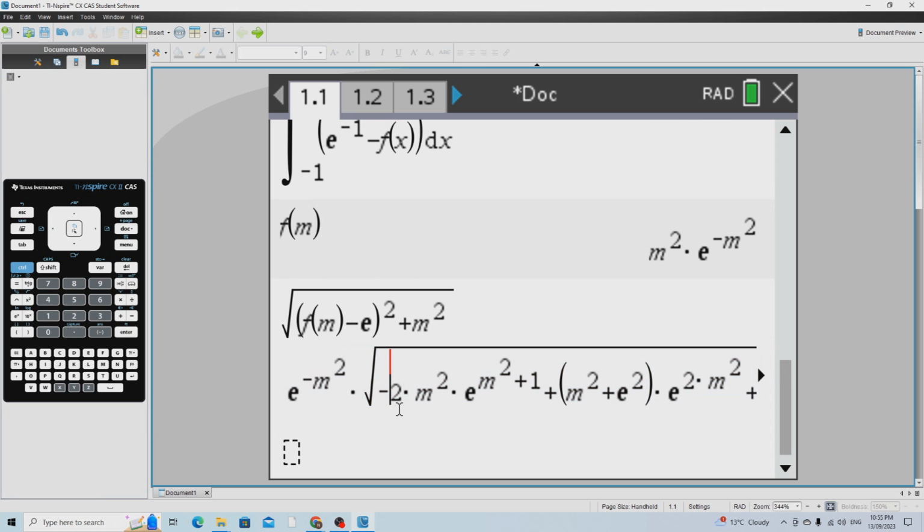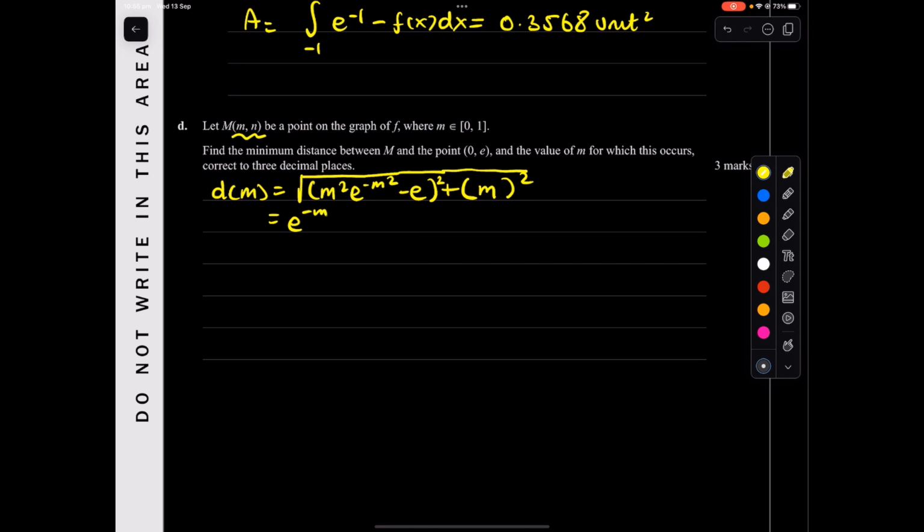I would write this function because it's 3 marks. So it will be the square root of e negative m squared, negative 2m squared em squared plus 1, plus m squared, plus e squared times e^2m squared, plus m to the power 4.